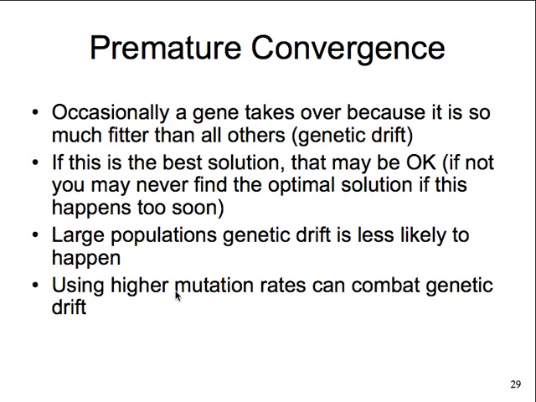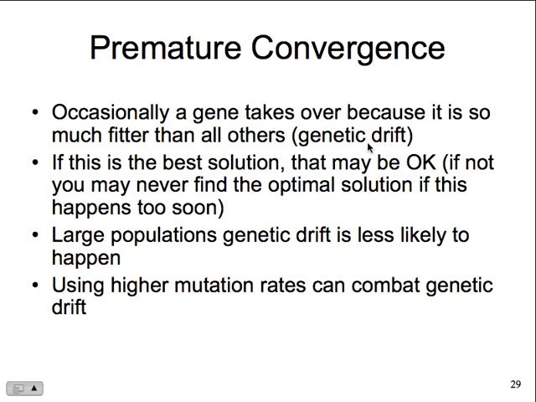So, anyway, premature convergence. This is what happens when we accidentally make too many decisions and we converge too much. We're talking a lot about mutation, and we're talking about convergence. Occasionally, a gene takes over because it's so much fitter than the others. Then we have genetic drift, which is what we'll end up having if we have too much 50-50, or we have something taking over too much, which is basically what happened with the blue eyes.